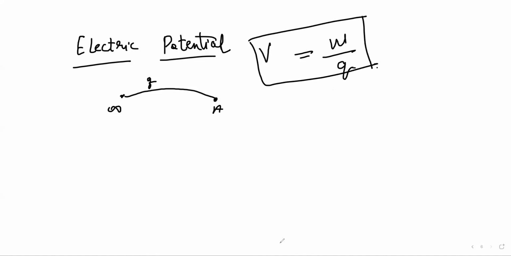Understood this one? In definition form, the amount of work done needed to move a unit positive charge. That is the definition. Unit means one charge.